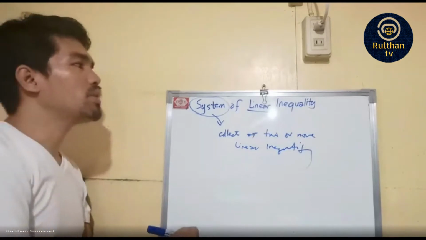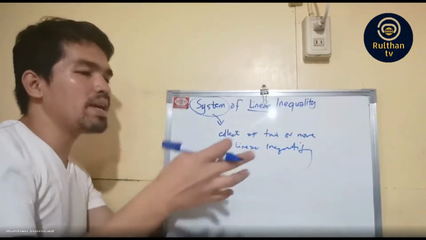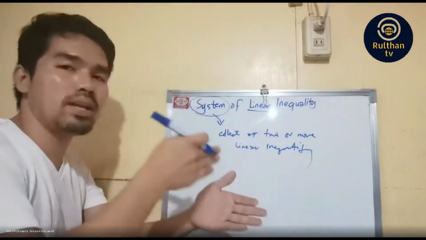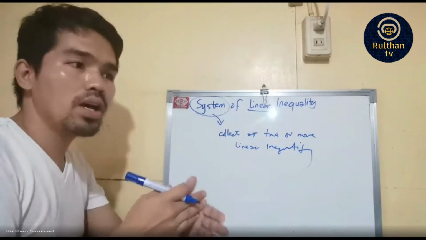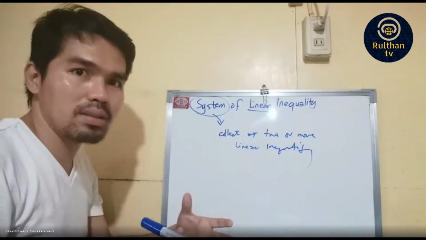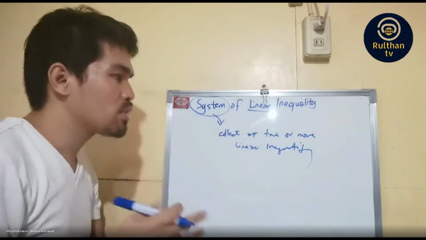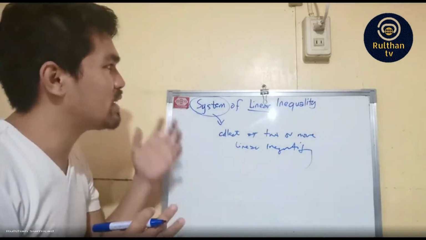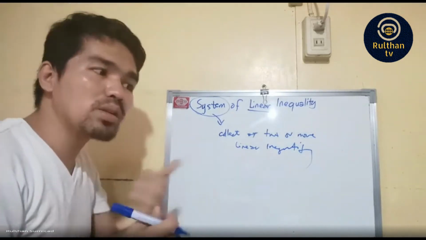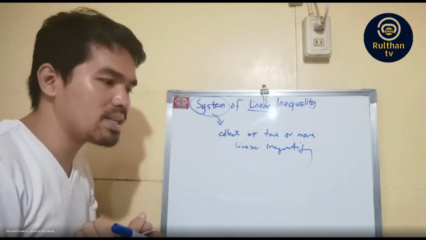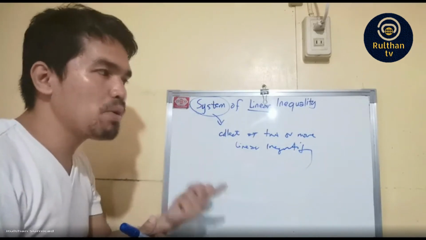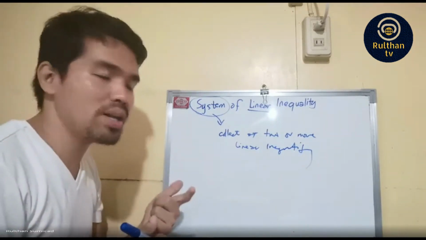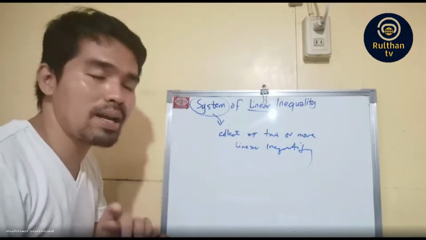So when we talk about a system of linear inequalities, we are considering not just one inequality, but a bunch of inequalities, at least two or more. With that said, our goal for this lesson is to be able to graph the system of linear inequalities, and at the same time, find the solution satisfying the system.